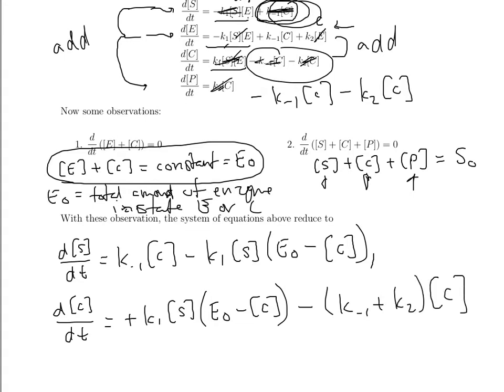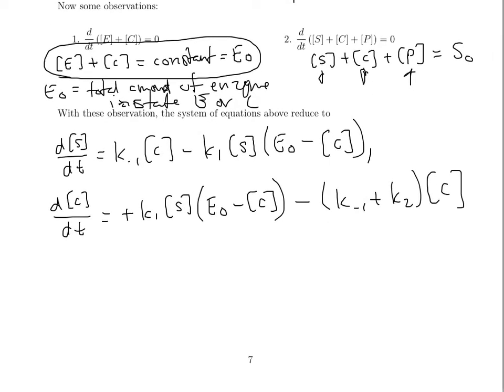So we have only two equations using the fact that we can solve these two equations for S's and C's, right? That's the only thing that these equations involve is concentrations of S's and C's.